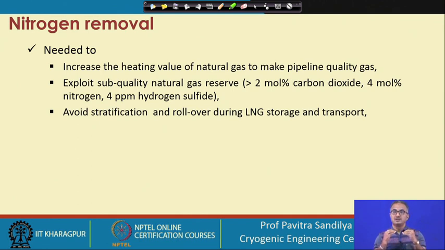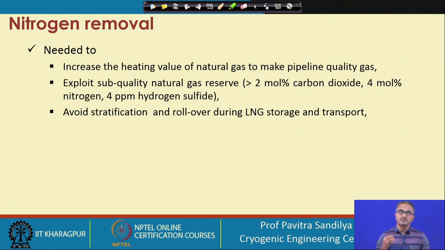Suddenly we find that the upper layer, which is the lighter layer, starts losing the lighter components from the surface due to evaporation, and at the bottom we have the heavier layer. Due to the thermal stratification, the heavier layer tends to move up, but it cannot move up initially.